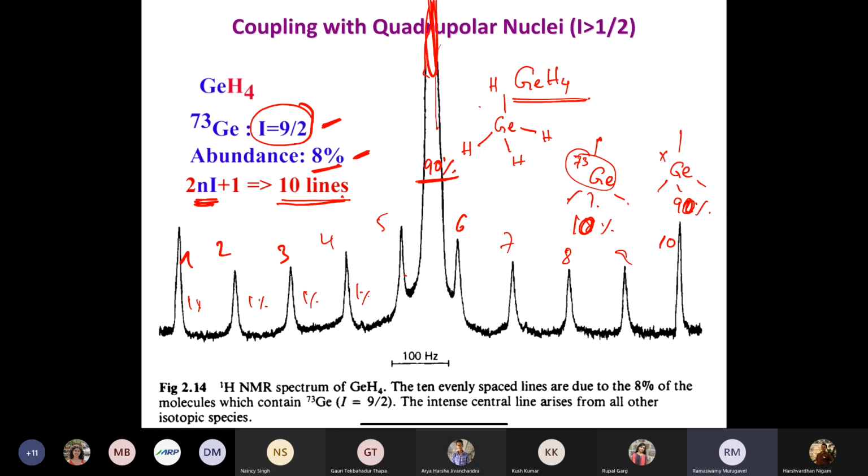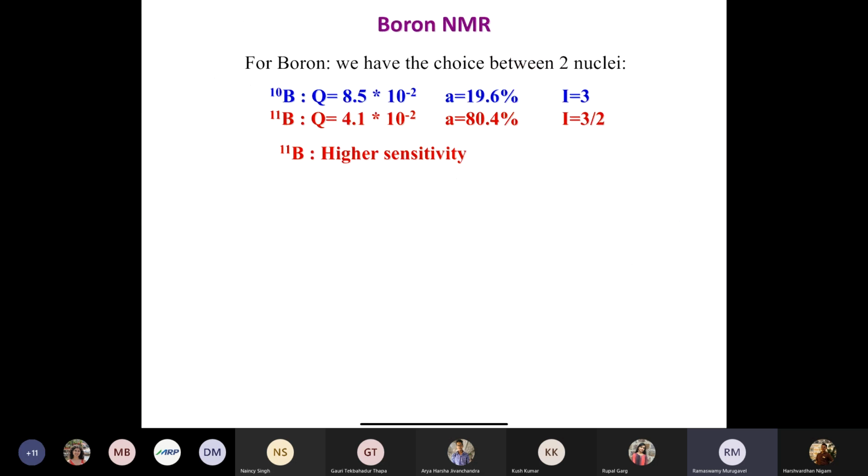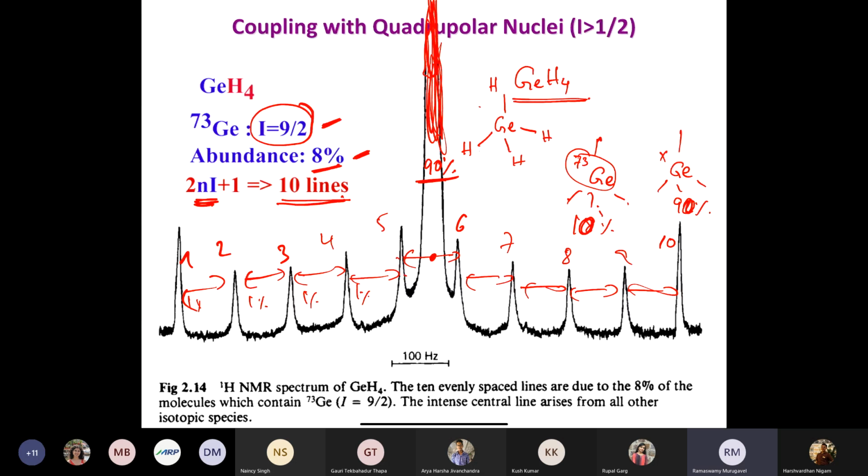That's why this peak has been taken out of the graph, because he wanted to show the 10 lines. It's such a beautiful example. Can you imagine this? This is the coupling constant, with equally spaced lines, 9 spaces in between, all equal. So the midpoint is this. Species B gives rise to 10 lines corresponding to 10%, and species A gives rise to 1 line corresponding to 90%. Is this clear?